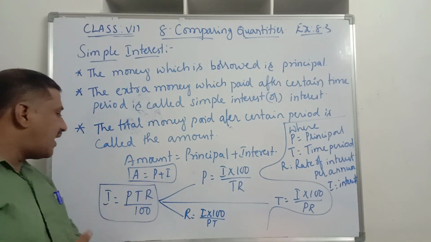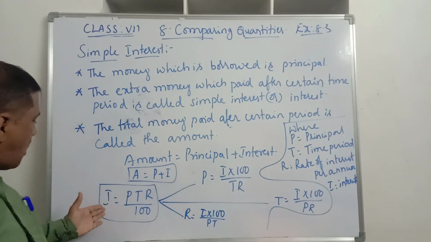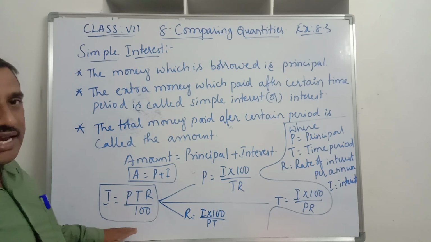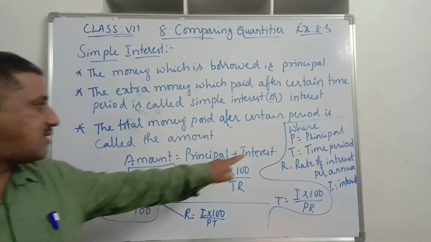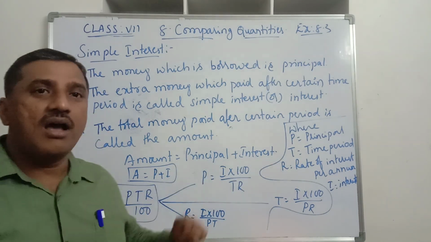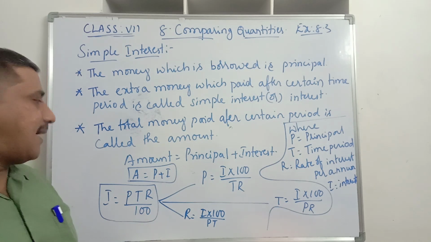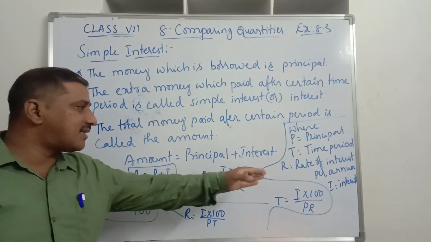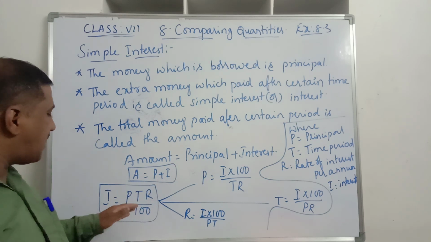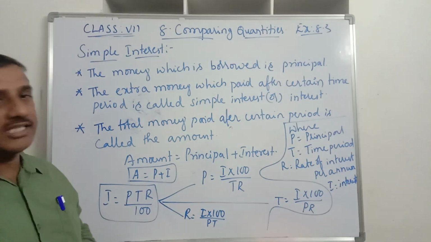So how do we find interest? We have a formula: I = PTR/100, where P is the principal, T is the time period, and R is the rate of interest per annum. So I is the interest, P is principal, T is time period, and R is the rate of interest per annum.